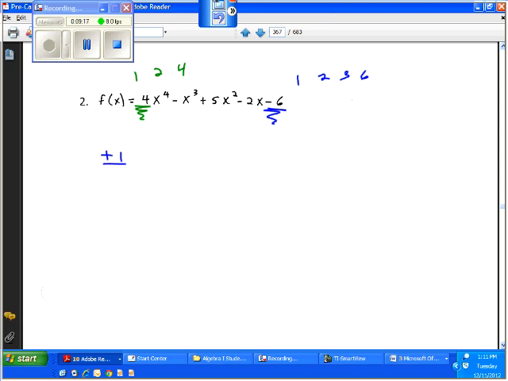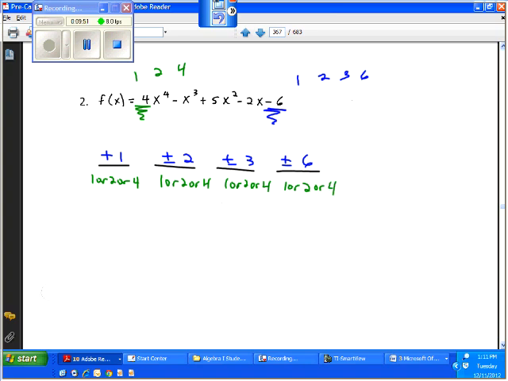So what are we going to do? Plus or minus each of the factors of the constant, each over the possible factors of the leading coefficient, 1 or 2 or 4.